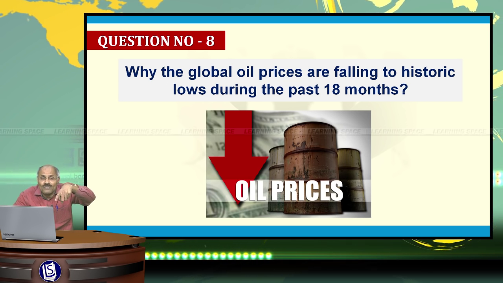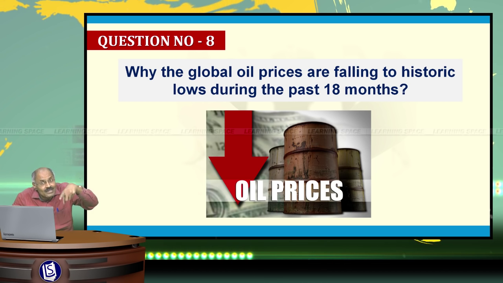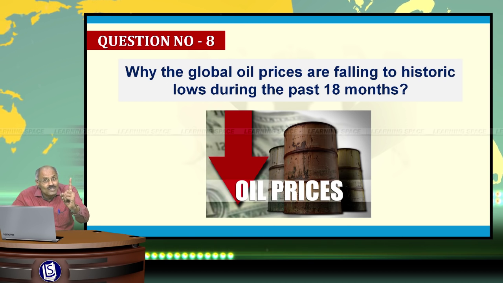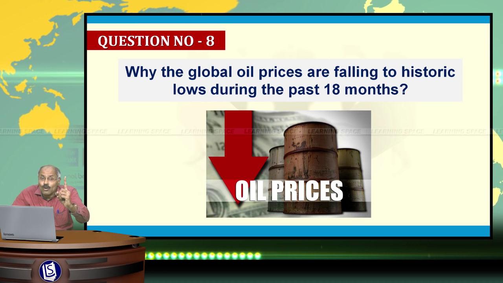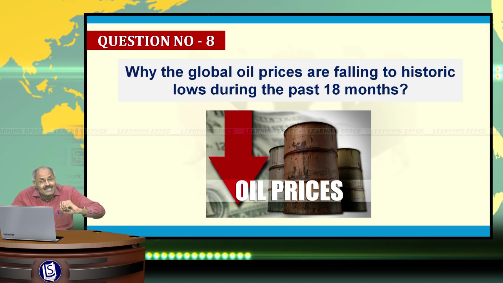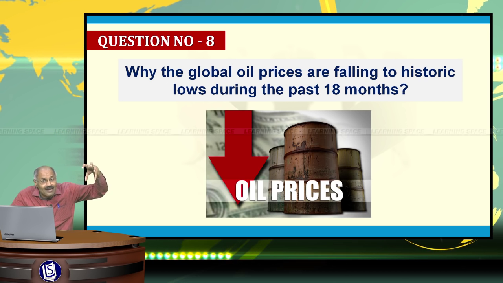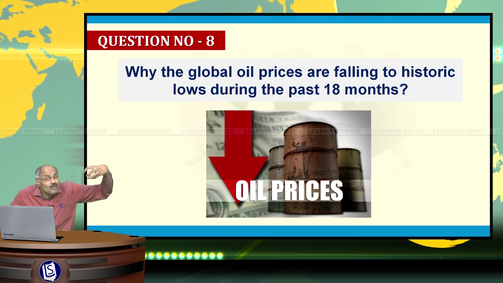The immediate step the Gulf states or the major oil producing states have to take is to reduce production, but deliberately they are not reducing the production because they want to retain their global market share. Second point is, they do not want the shale oil to take the upper hand in America. They want to make shale oil production totally unremunerative.